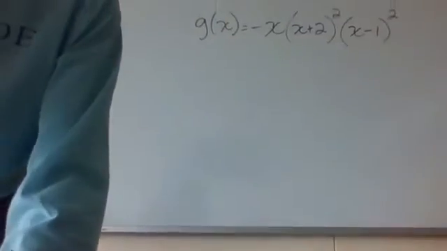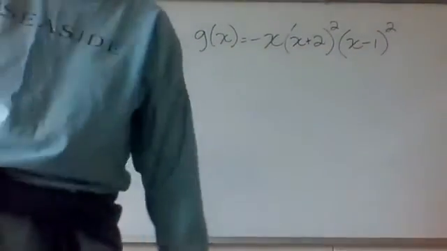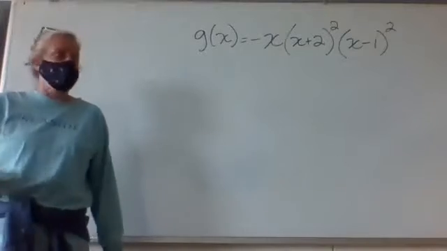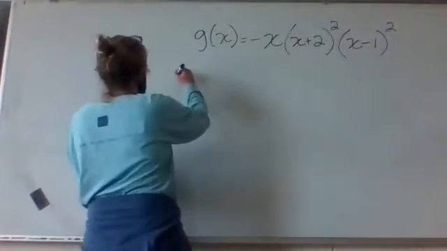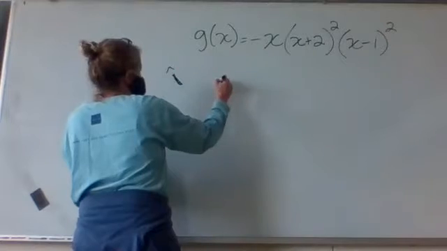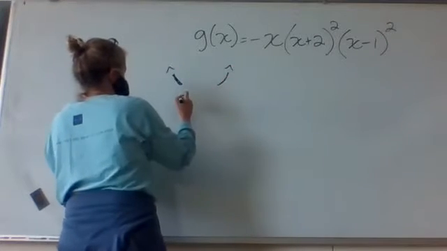Okay, so here's what I know about this function. First of all, remember talking about end behavior. Remember the end behavior rules. If your leading term, let me just draw them out first.